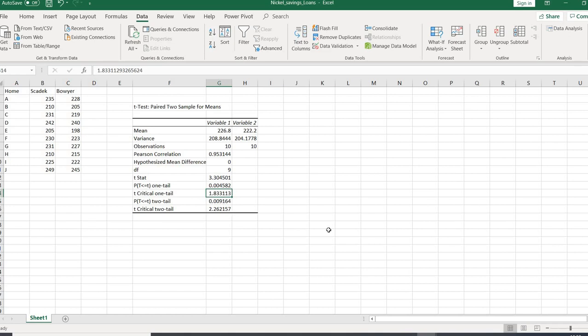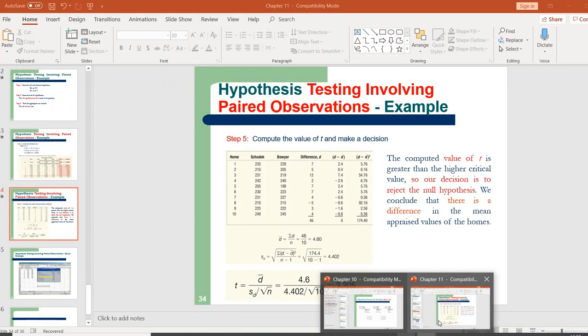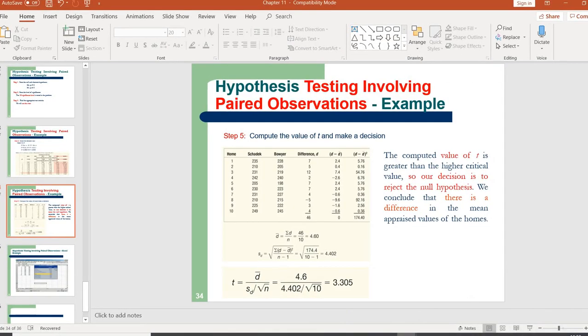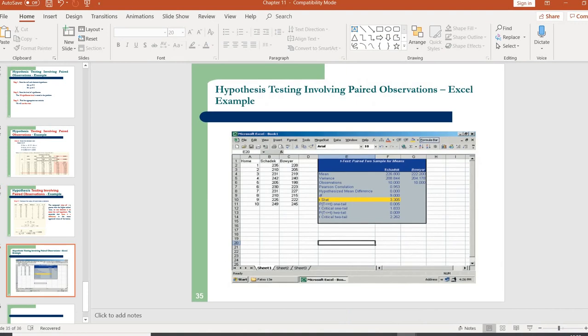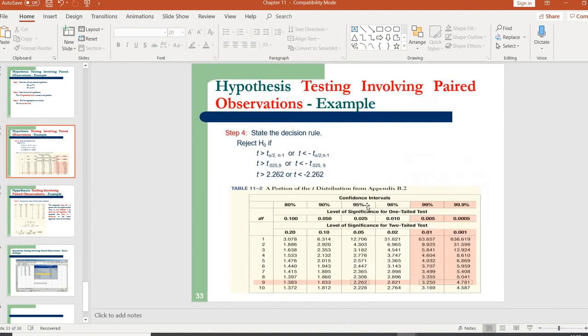But remember, here we are using the two-tail critical value because it is a two-tail test. Okay, the critical value will be 2.262. This is the critical value. Remember, it is 2.262 because it is a two-tail test.